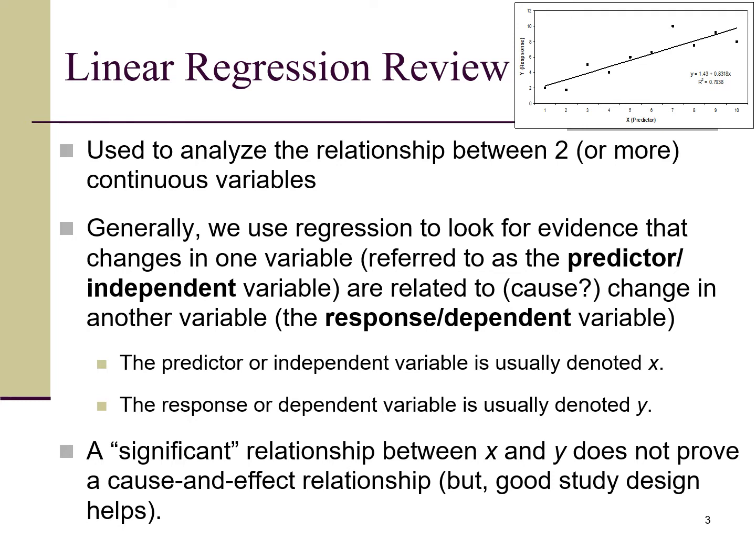The predictor or independent variable is usually denoted x and is plotted on the x-axis. The response or dependent variable is usually denoted as y and plotted on the y-axis. A significant relationship between x and y does not prove a cause and effect relationship.